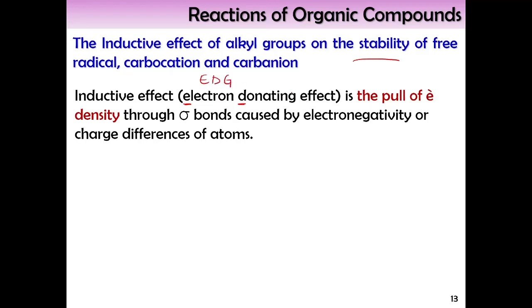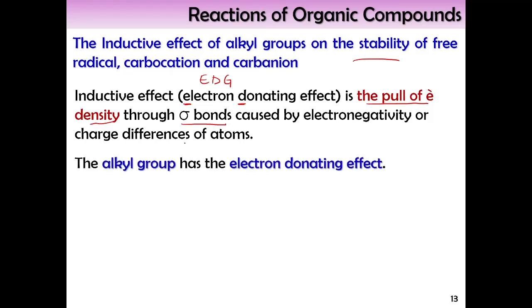So an EDG can produce the inductive effect. What is it? It is the pull of electron density through a sigma bond caused by electronegativity or charge differences of atoms. You are going to see it better after this.